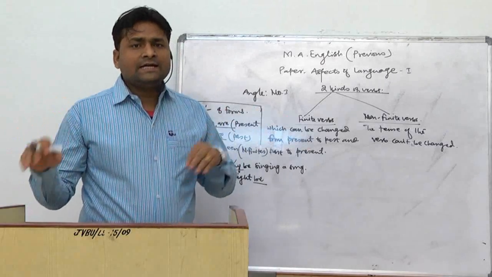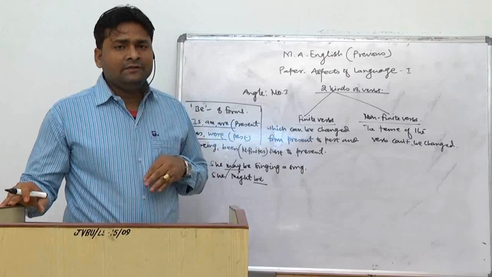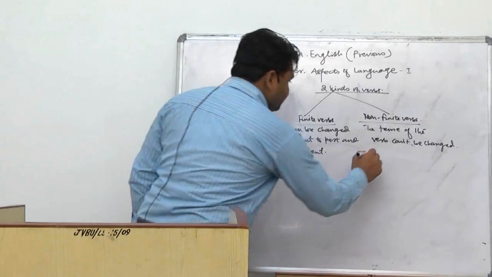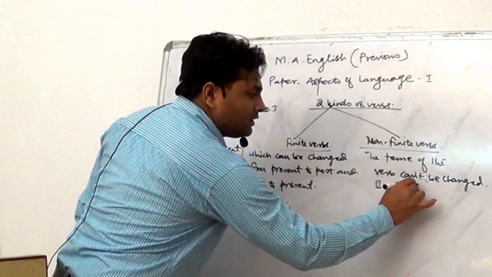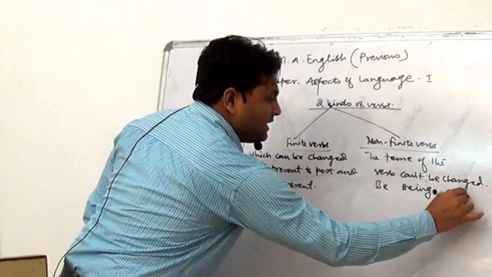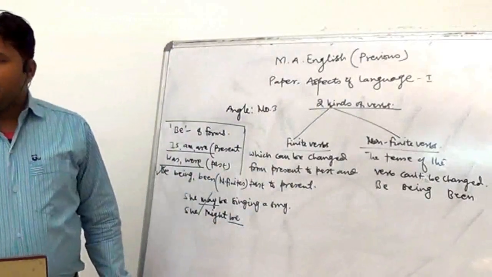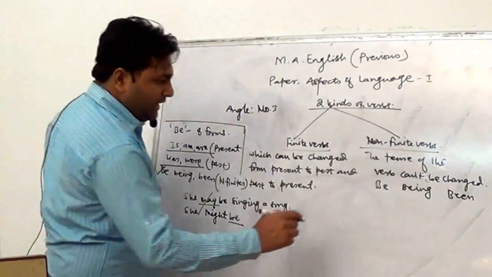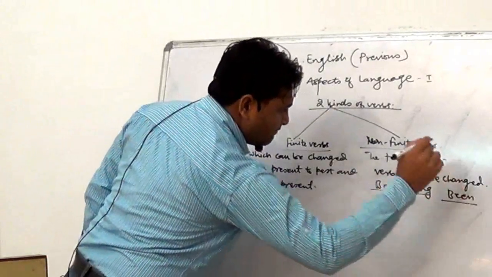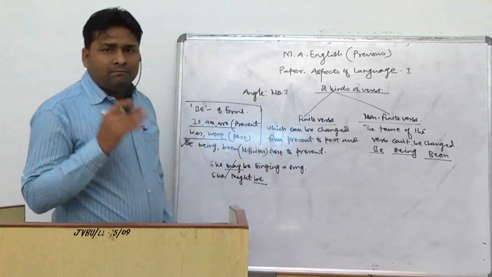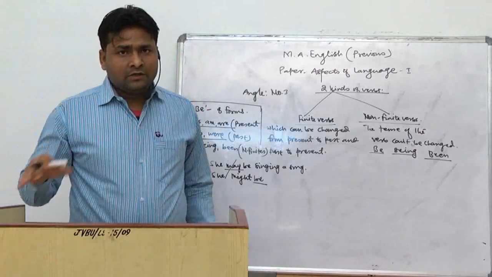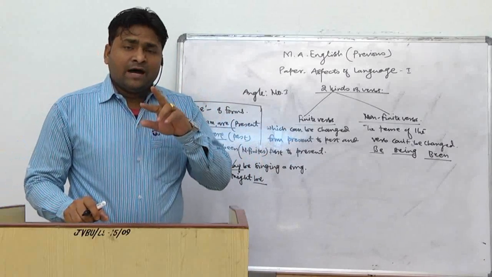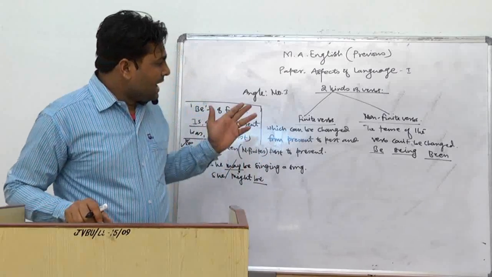We would like to discuss these verbs in great detail, and in fact these are the non-finite verbs. Non-finite verbs are basically 3: be, being, and been. So, as a matter of fact, finite verbs we have discussed.